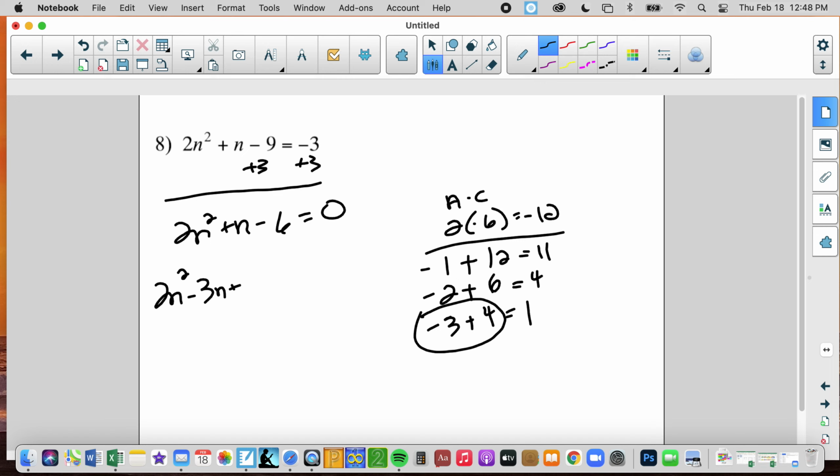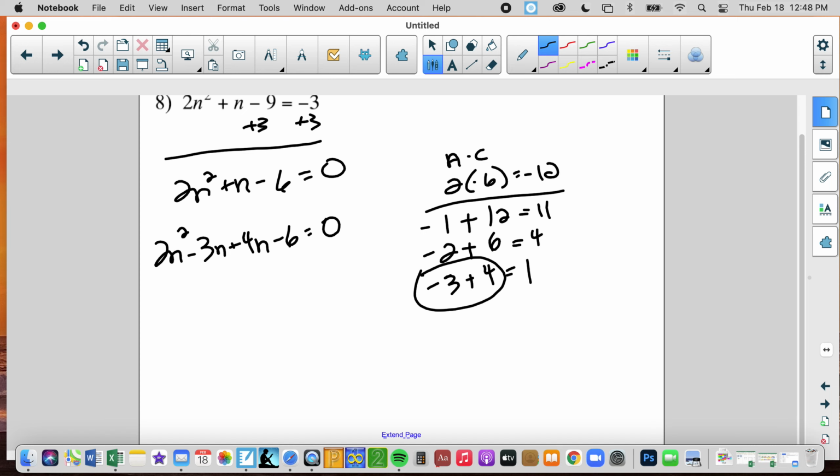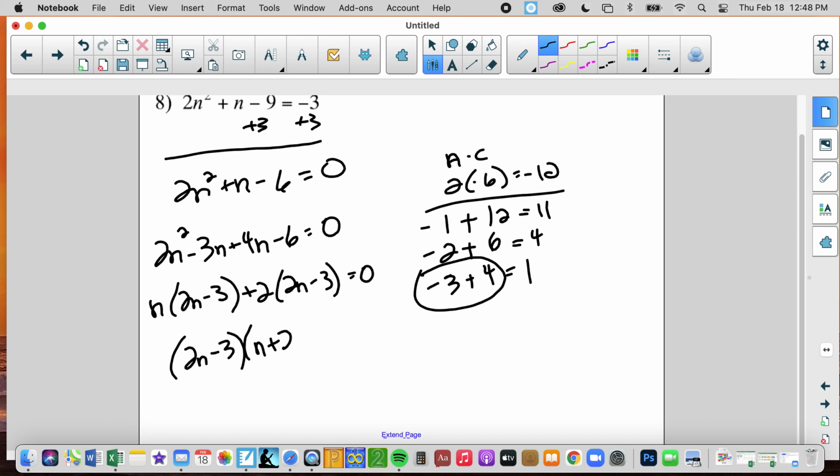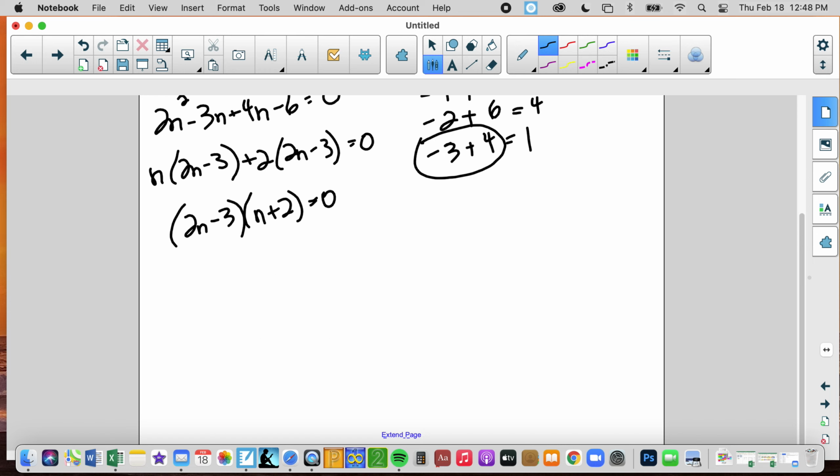Minus 3n plus 4n minus 6 equals 0. Let's factor out an n. Let's factor out a 2. And you get 2n minus 3, n plus 2 equals 0. 2n minus 3 equals 0, n plus 2 equals 0.